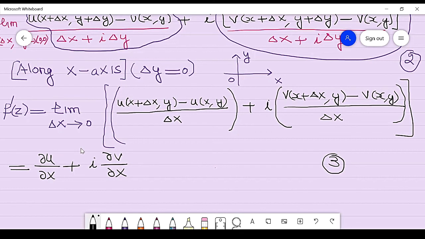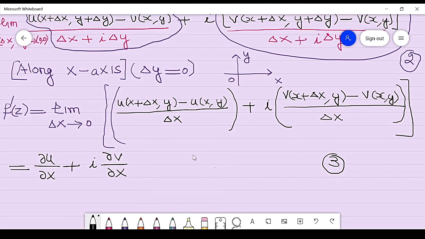So we find the value of f dash z along the x-axis. After that we will find the value of f dash z along the y-axis, and by definition along every path it should be the same, so these equations must be equal.